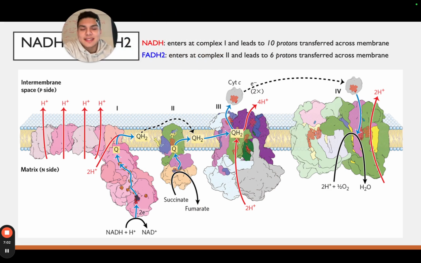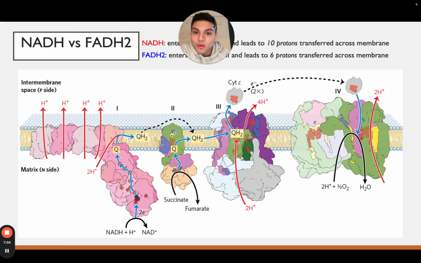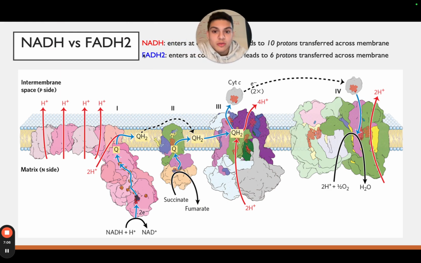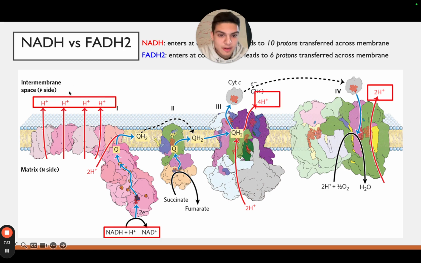So one thing I want to emphasize, again, with the protons and complex 1 and complex 2, is that I'm going to walk through the route of NADH briefly and the route of FADH2. For NADH, we see that the red rectangles represent NADH and the proton flow. NADH gets oxidized at complex 1. The 2 electrons do their thing. I'm not even going to worry about that. We know that complex 1 pumps 4 protons across.